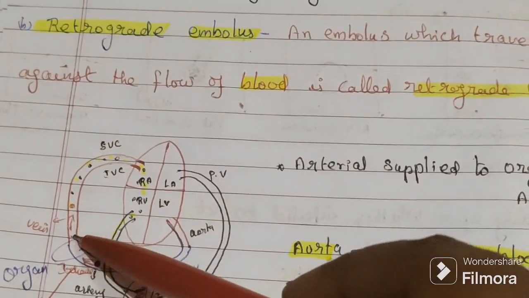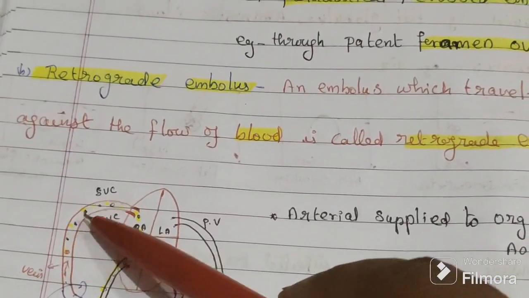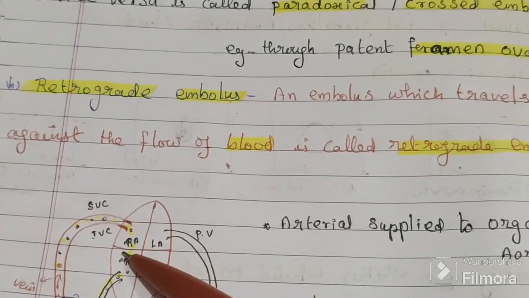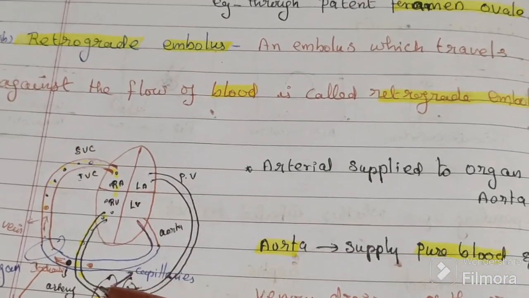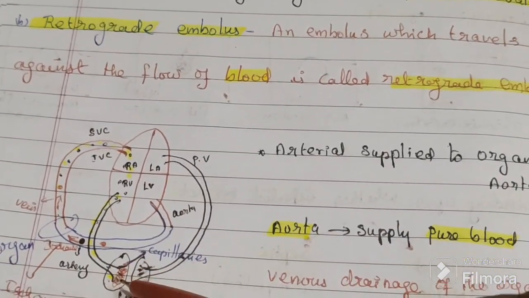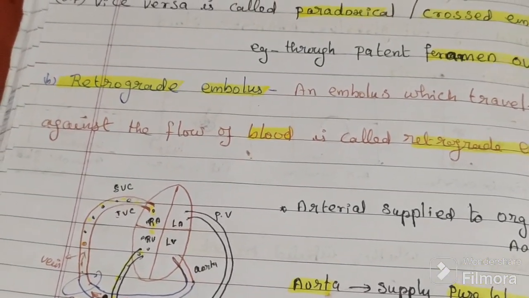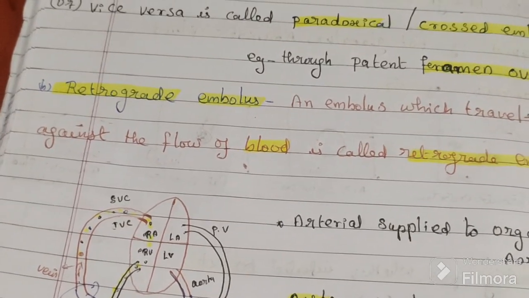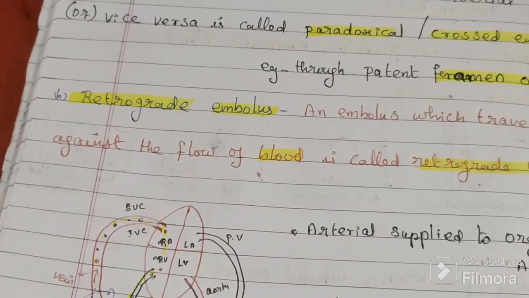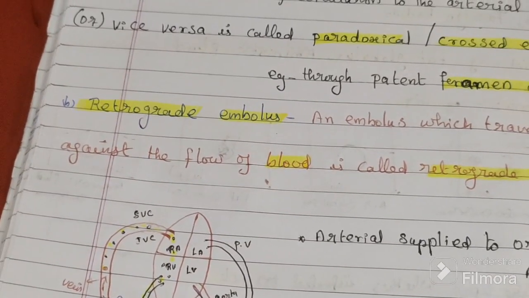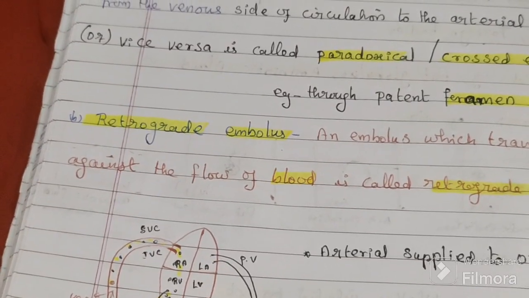Starting here it keeps on moving, keep on moving. Through the right side of the heart, right atrium, right ventricle, then it goes to the pulmonary artery and affects the lungs. So any vein, it will go to the SVC, IVC, right atrium, right ventricle, and from there to the pulmonary artery, leading to pulmonary thromboembolism.